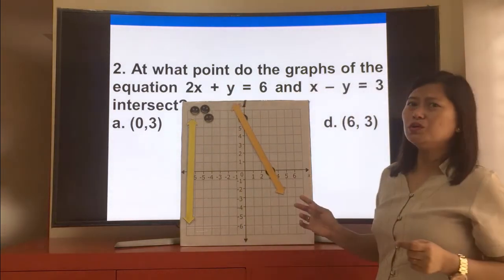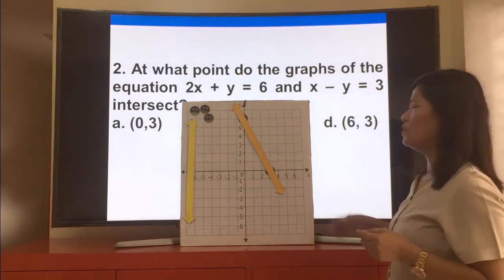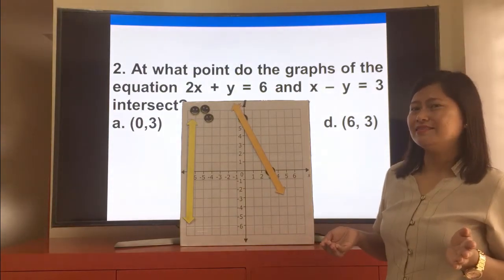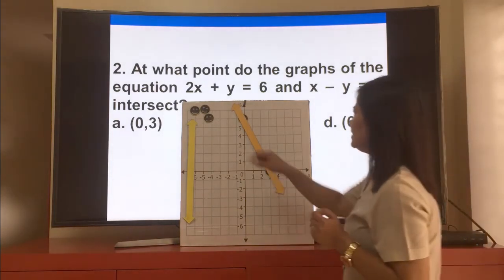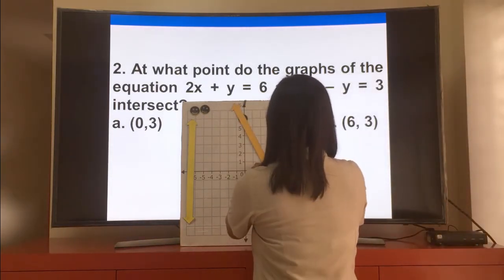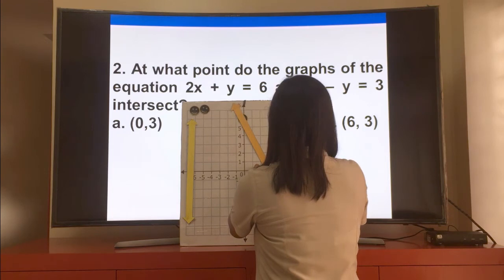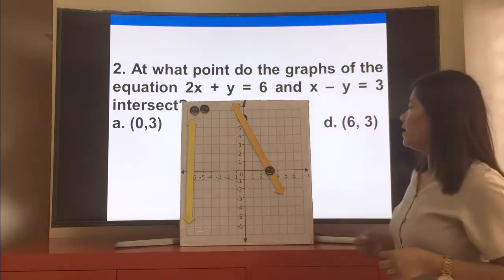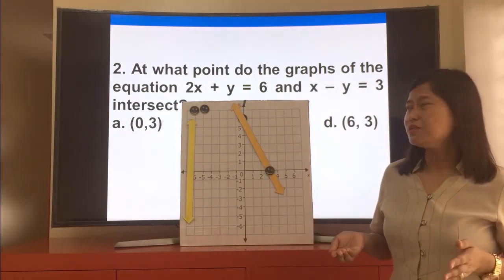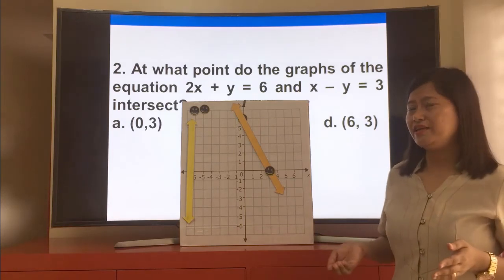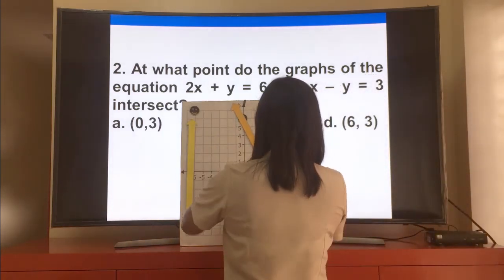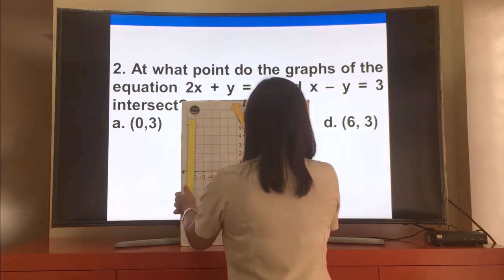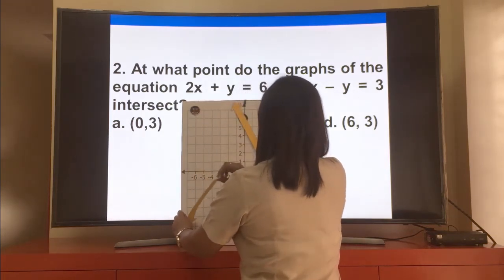In equation 2, when y is 0, what is x? It is 3. So plot 3, 0. When x is 0, what is y? We have negative 3. So plot 0, negative 3. Connect the 2 points.